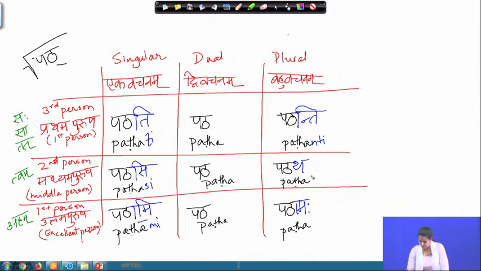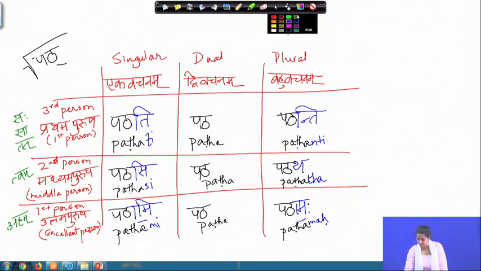Tvam pathasi becomes pathatha. You see, there's no dot going under there. And then aham pathami becomes pathamah. All right, let's put the dot under there. That's it. Fine.